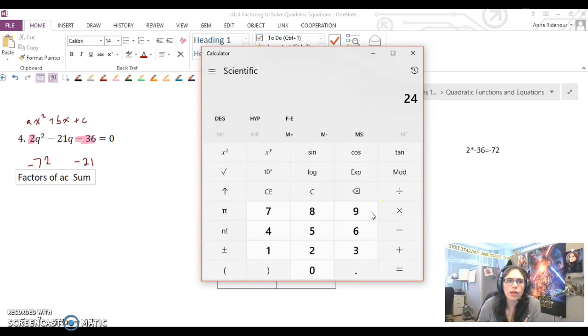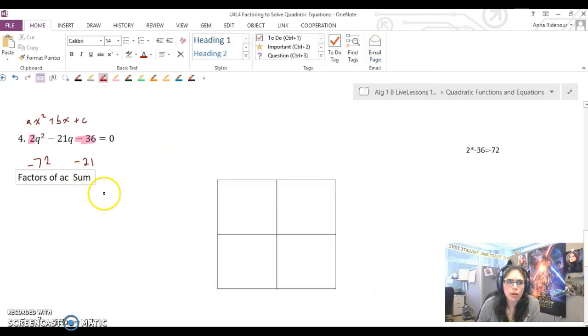So I know that I want the bigger number to be negative because we want to add together to be a negative number. So my two numbers are going to be -24 times +3, because if you multiply negative times a positive, you get a negative, and we want the bigger number to be negative because we wanted a negative sum. So if I add those two together, I do get -21. So those are my two numbers.